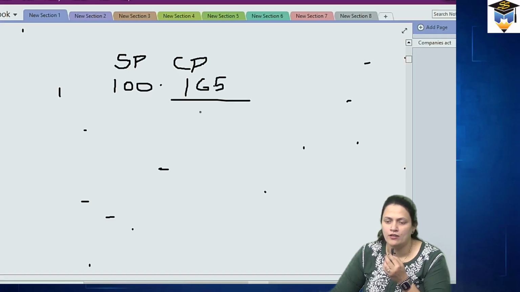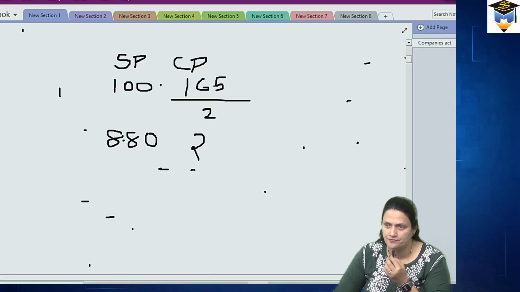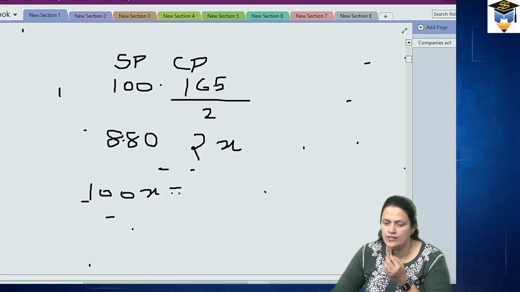Now, SP is 8.80. So how will you calculate CP? Let us say this is X. So cross multiply. When you cross multiply, what you will get? 100x is equal to 165 into 8.80. Correct?